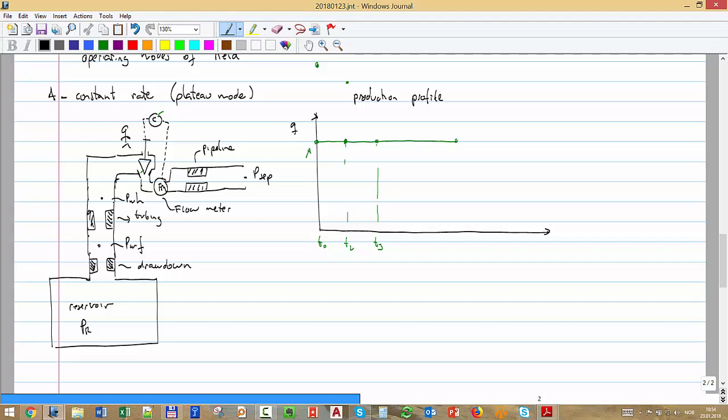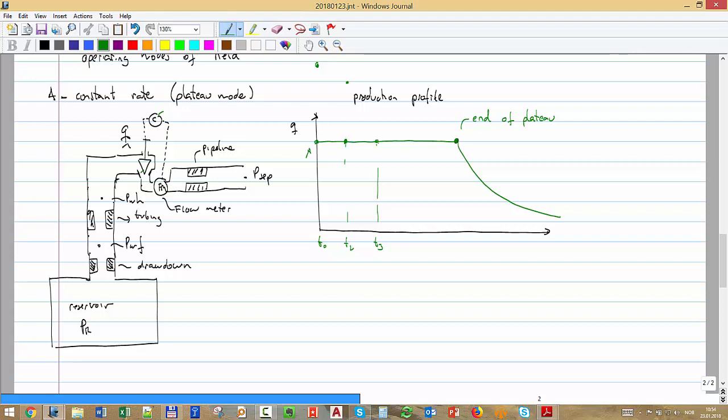Now, what happens at some point? Well, fully open. I have reached the upper limit of the choke. At that point, I call that the end of the plateau. And at that point, I lose control of the field completely. I cannot control anymore how much.